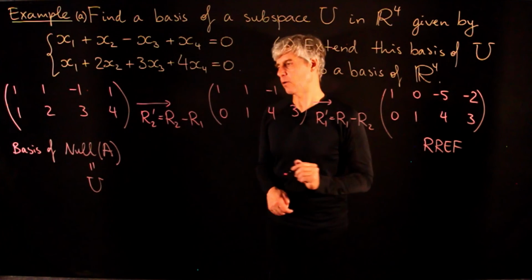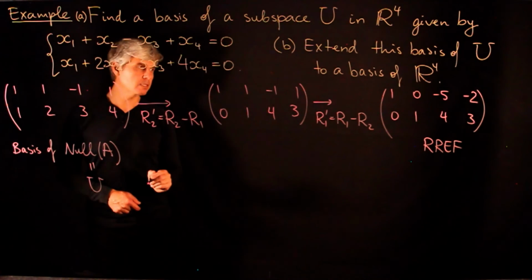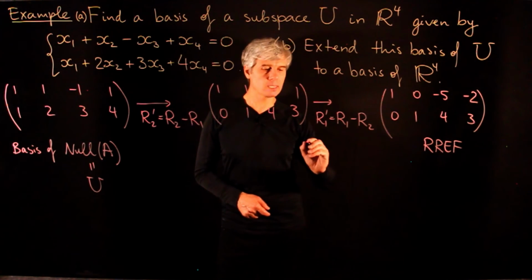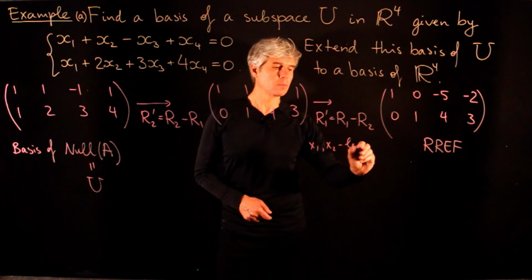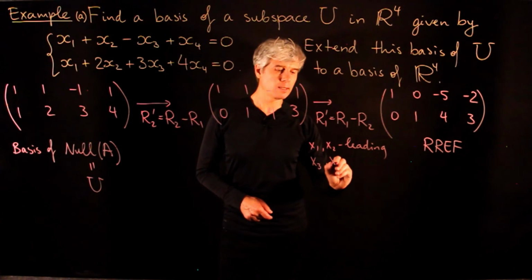And so now we have our pivots. To write down the solution, we identify free variables and leading variables. Here we see that x1 and x2 are leading, and x3 and x4 are free.